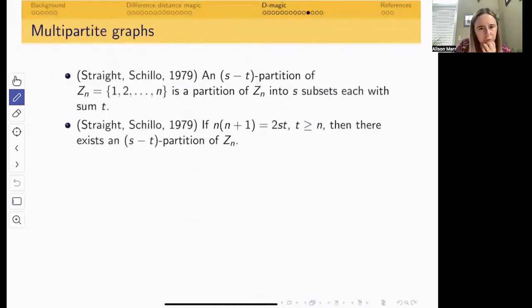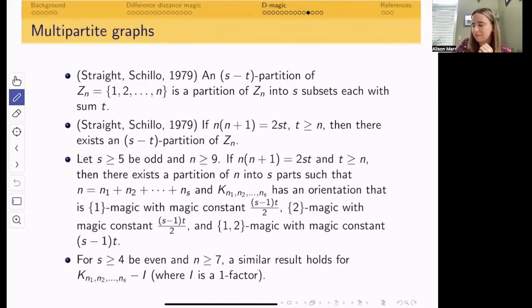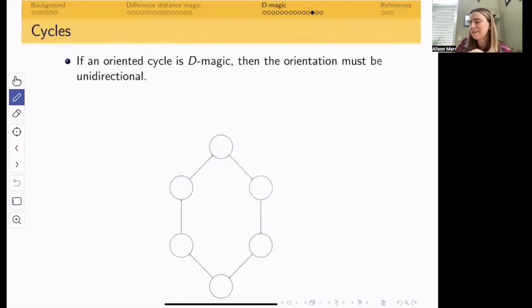Using some things we know about how to partition sets, you can create multipartite graphs that have this property, and so that's also very nice. And then you can also take those multipartite graphs and remove a 1-factor.